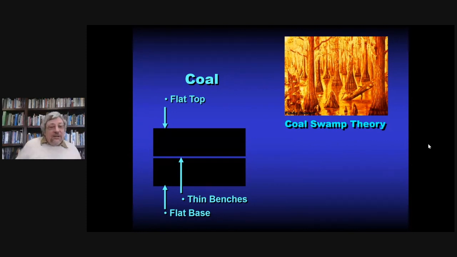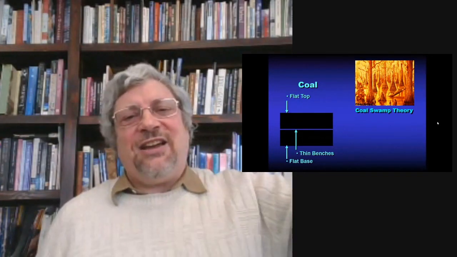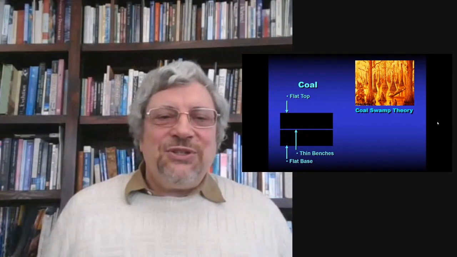Until I saw my first hurricane in South Carolina, and I saw a place where a swampy area near the beach was hit by a hurricane. One thing that hurricane did not do is level that place off flat. I mean, there were plants going all over the place. It was a mess. You couldn't walk through it. So how do you get a flat top at the end of deposition?